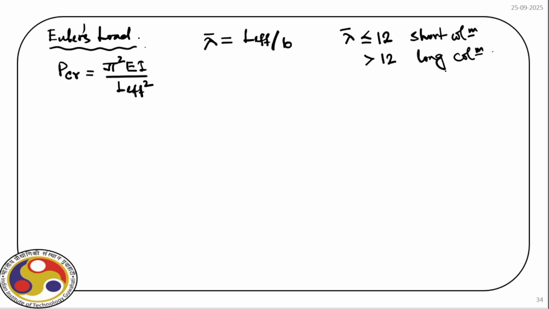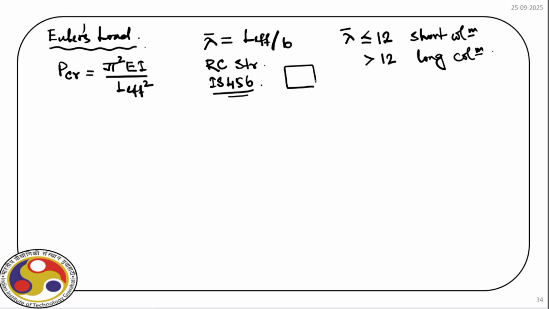Now, before we move further, let me just clarify that this definition is for RC structure, and these limits are provided in IS 456 for RC columns which are primarily rectangular.